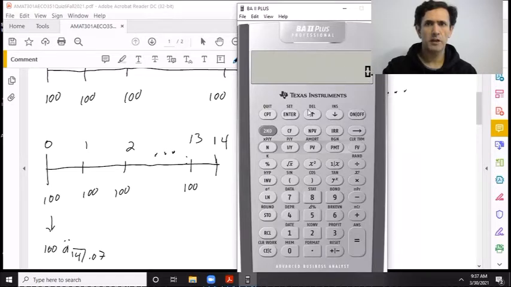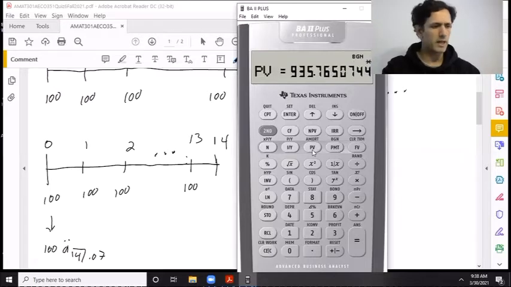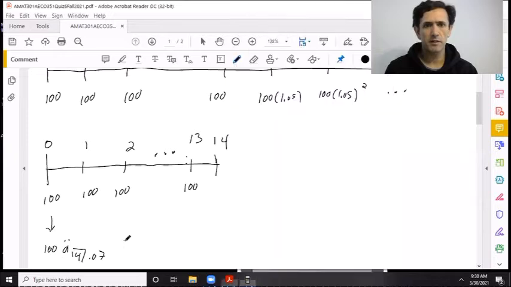I don't have a BGN mode, so let's go BGN second, BGN second set, so get out of that. So 100, and I'll make it negative. You don't have to, of course. I like a positive answer. 14 N, 7 interest, compute present value. You get 935.77.